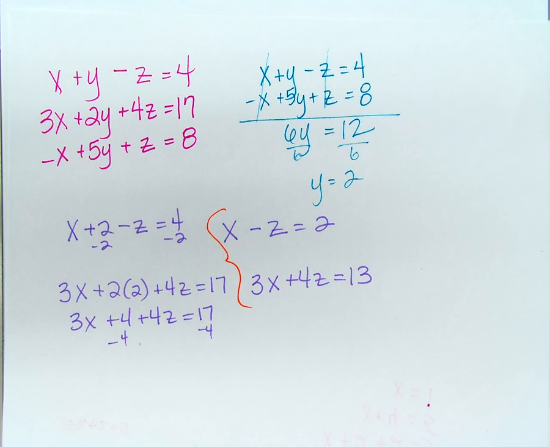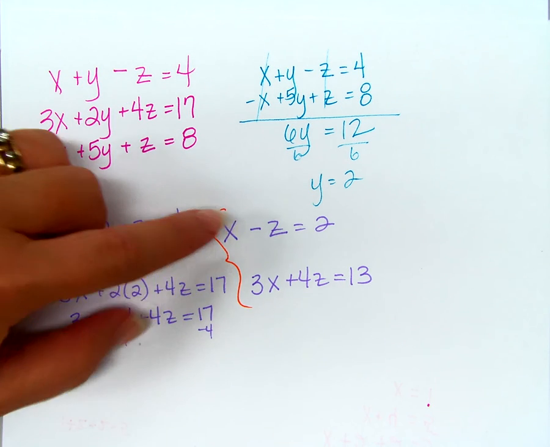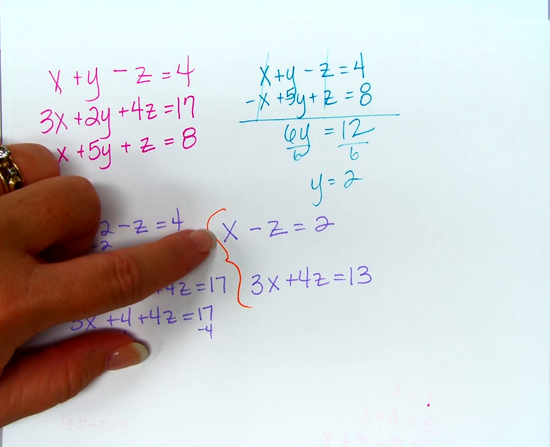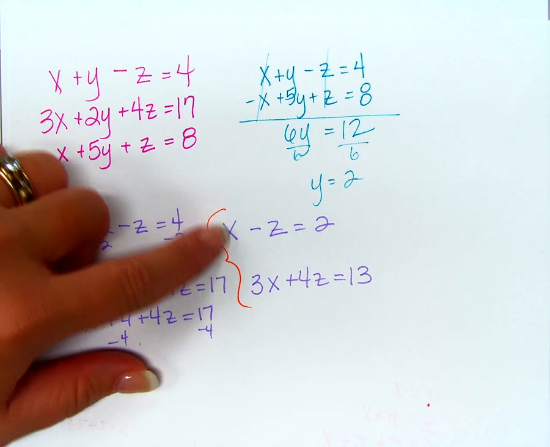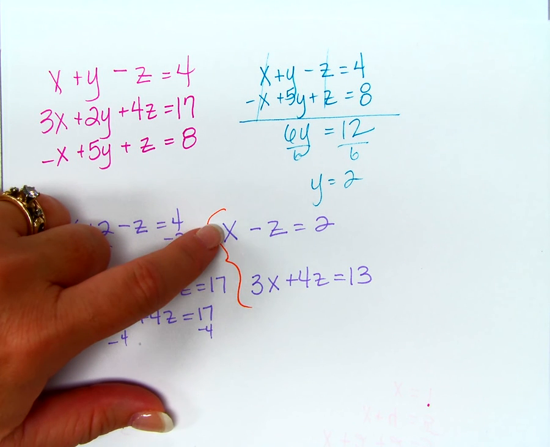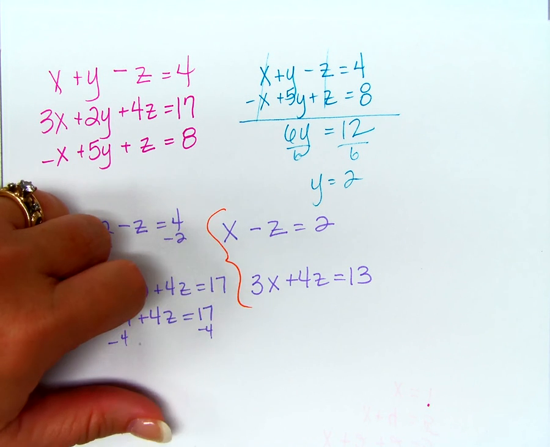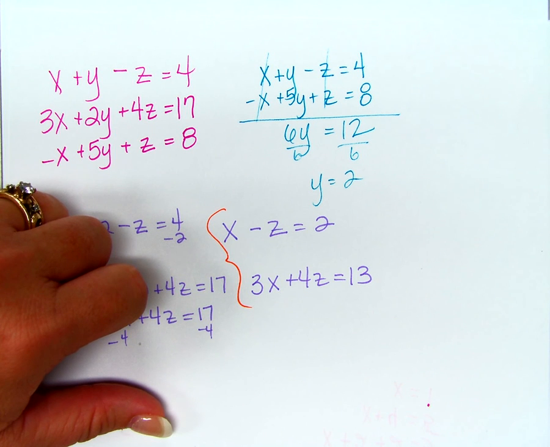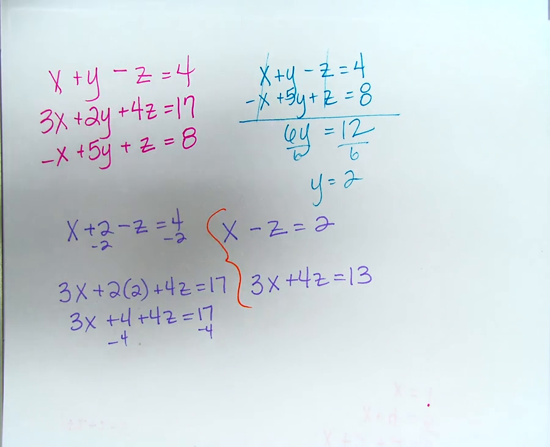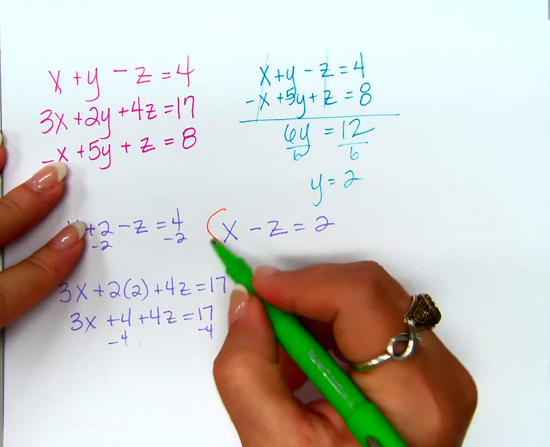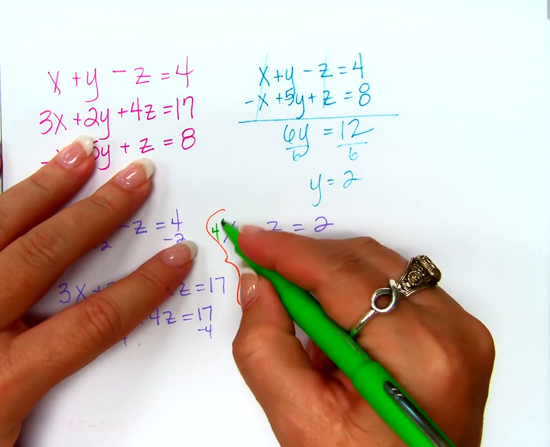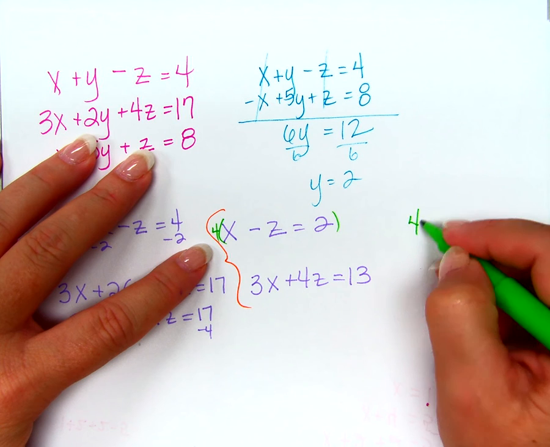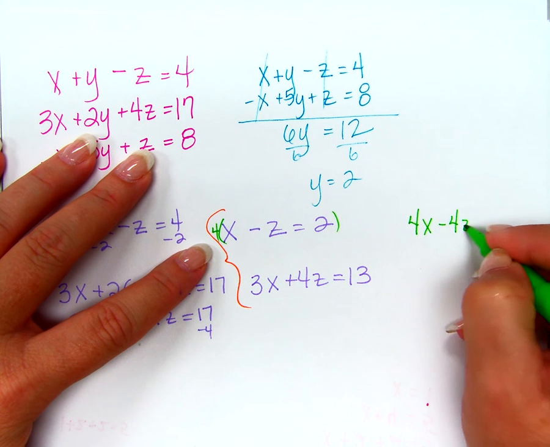So now what? I need to do elimination again, right? Am I going to multiply the top by negative 3 to get rid of the x's? Or am I going to multiply the top by 4 to eliminate the z's? Number 1, does it matter? No. So which one do you choose? 4. So if I multiply the top, the whole equation, by 4, I get 4x minus 4z equals 8.